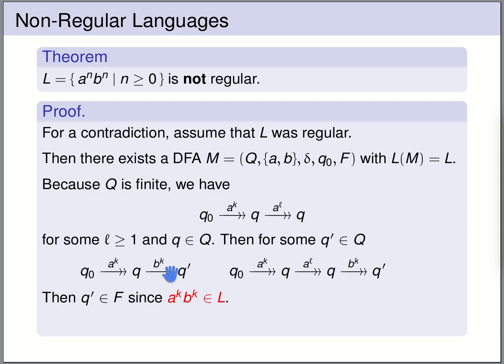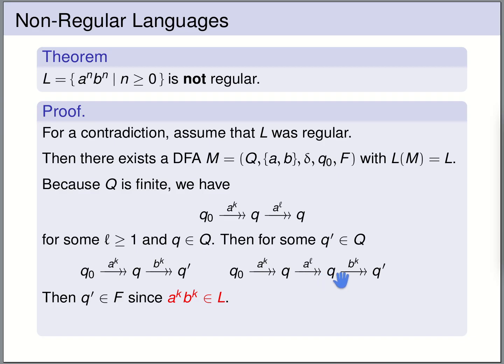Now, however, instead of reading b to the k after a to the k, we can also start reading b to the k after having read a to the k and a to the l, because after reading a to the k, a to the l, we are also in state q, just the same q as here.